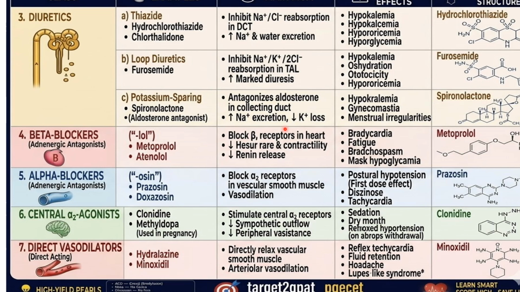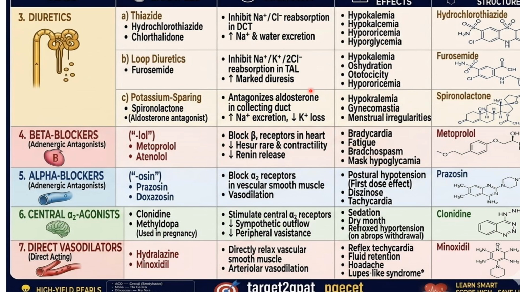Always remember, increased sodium ion excretion means a diuretic effect. Along with that, it is potassium sparing. The common adverse effect is hyperkalemia. Along with that, it causes gynecomastia and menstrual irregularities. These are the two unique adverse effects of potassium sparing diuretics.